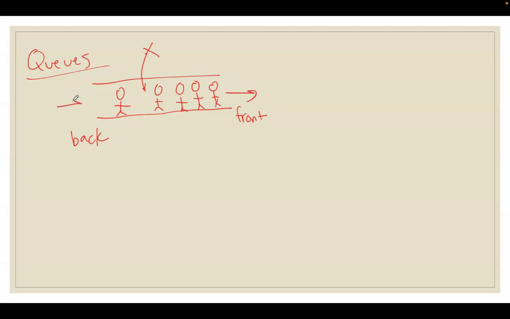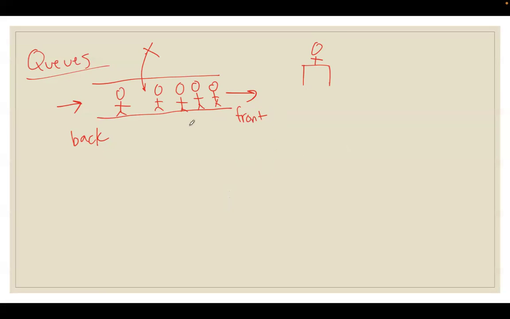Sometimes we'll draw it with arrows, like the arrow going into the queue, that's the back, because someone's going to join the line, and the person at the front of the queue, that's the next person in line. The other thing with a queue is usually when, let's say this is the teller, when it's time for someone to be served, they will be removed from the queue and then served.